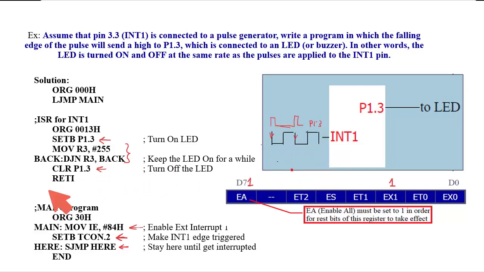So this is off. After this RETI instruction, it will come back to here and stay here. Again, when the next falling edge comes, the execution will be shifted to the interrupt service routine. Again, the same thing will happen. So the LED at P1.3 will glow at the moment when there is a falling edge at INT1.